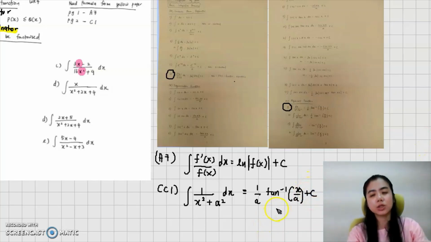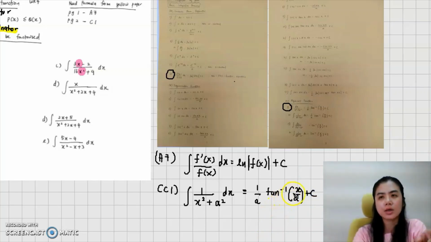So basically we need these two formulas in order to answer the questions in the example.